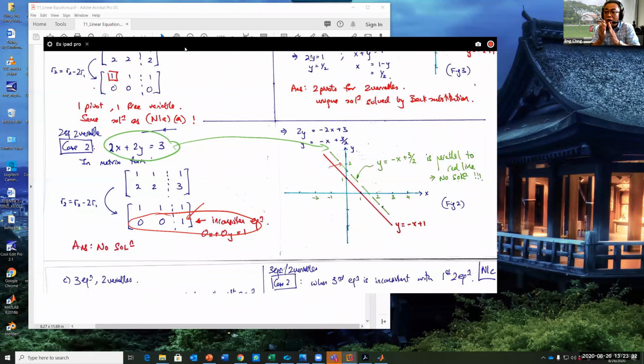There is no common point between the two lines that will solve the two equations. That is why there is no solution. There is no meeting point. So that's the take-home message.